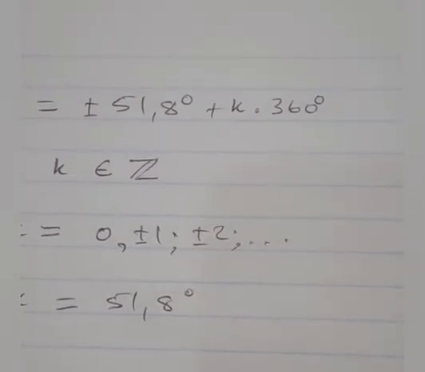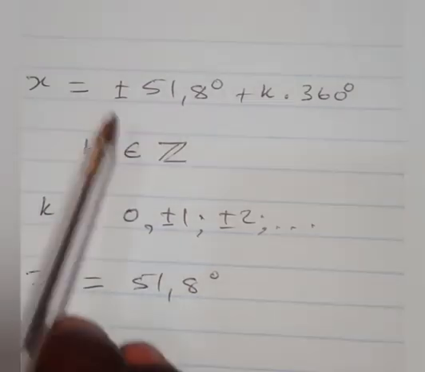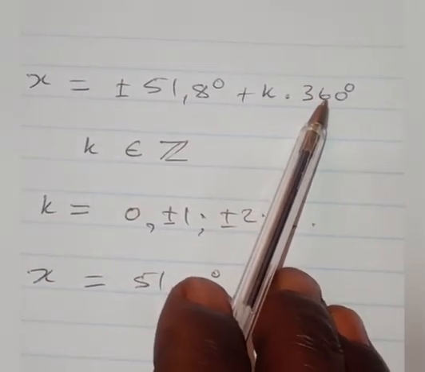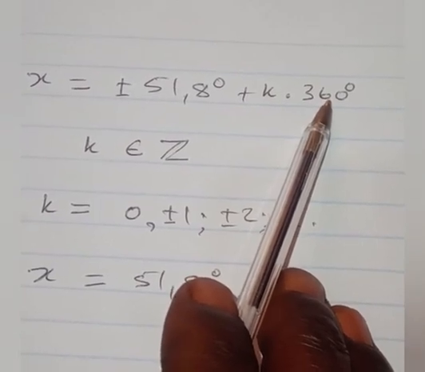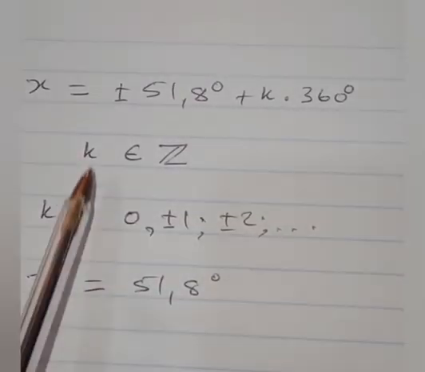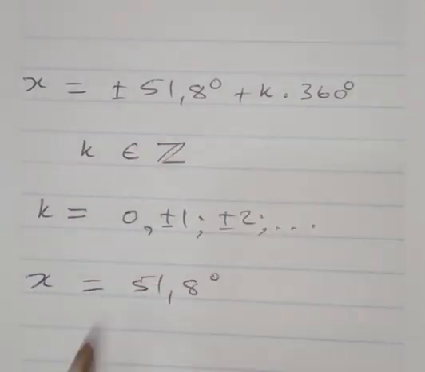Now, we put k is equal to 1. We have 51.8 plus 360. That's going to give us 411.8, I'm pretty sure. And that is out of our range as well. But if we take the one with the negative, we are going to have 51.8 minus 360.